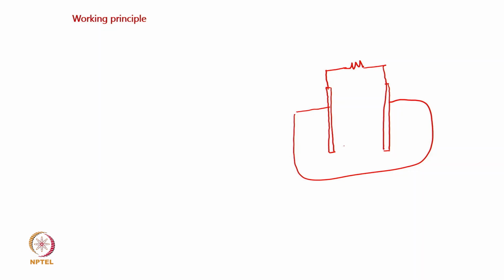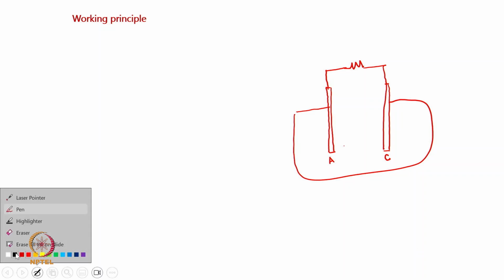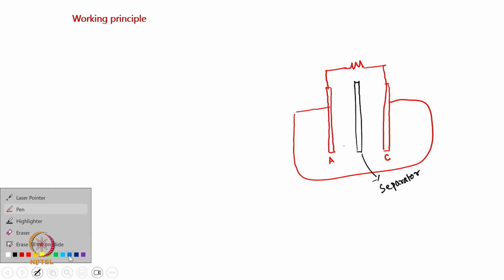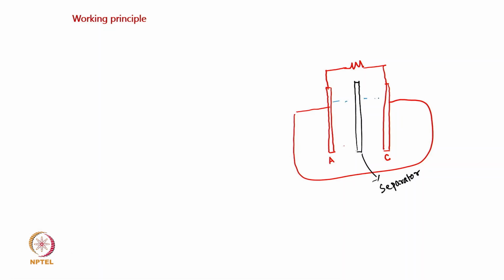So, let us first look at the discharging of a lithium ion battery. So, this is the anode of lithium ion battery and this is the cathode. Okay. And now, let me draw the separator, and this is the electrolyte.